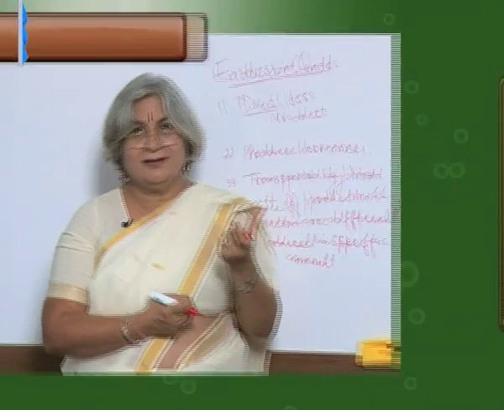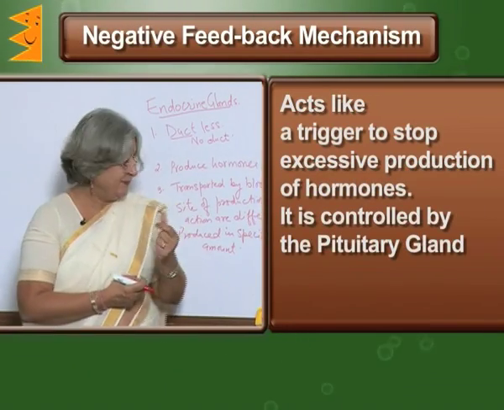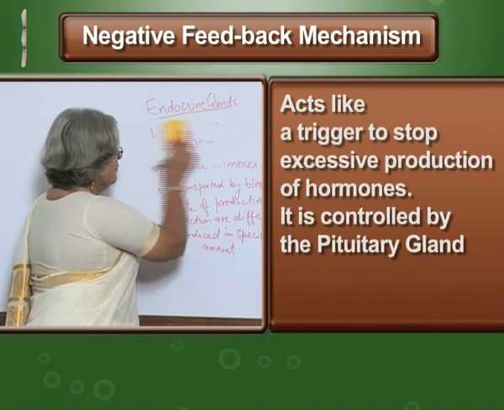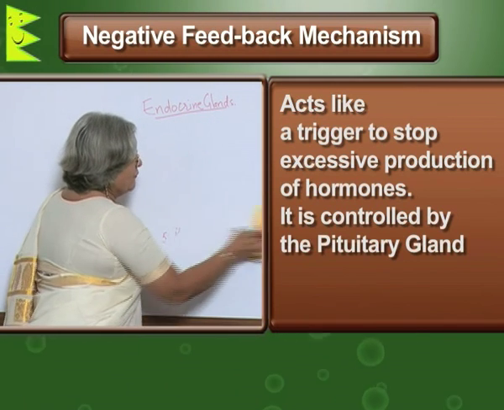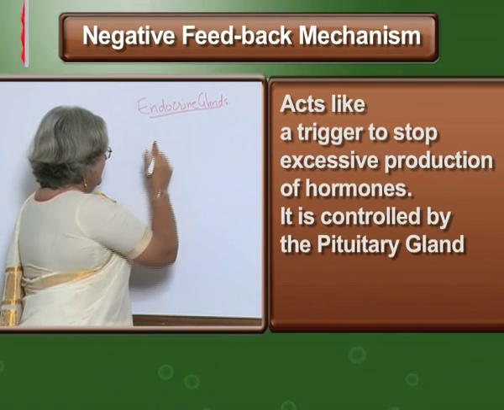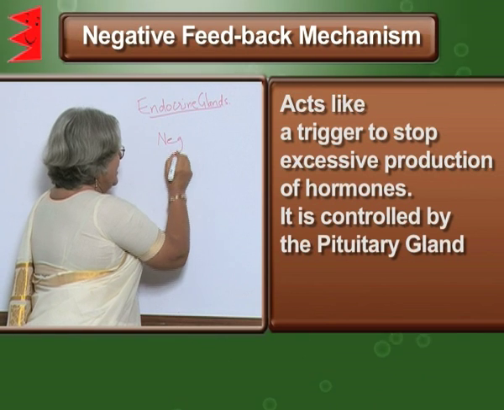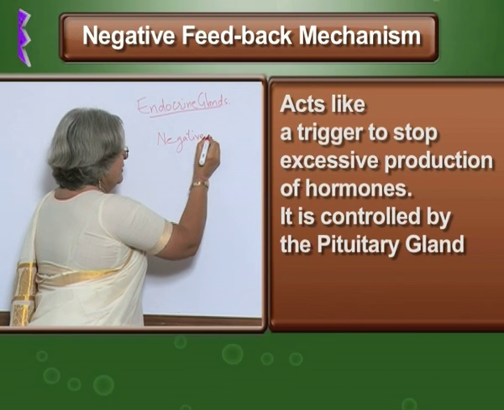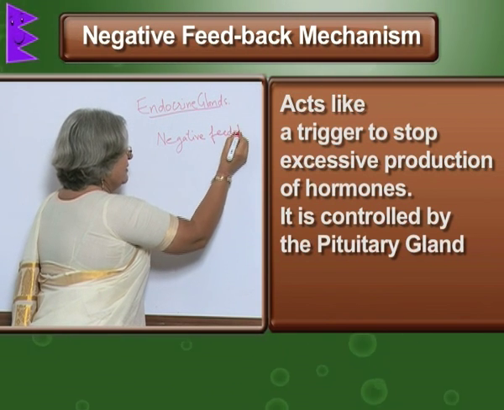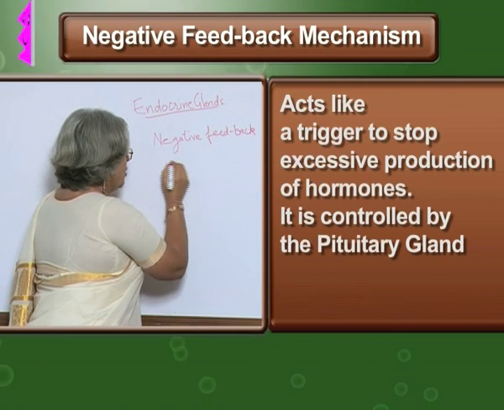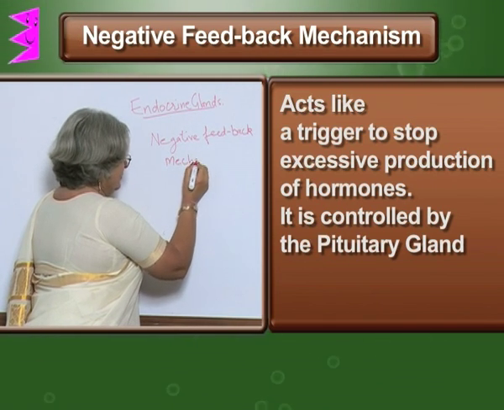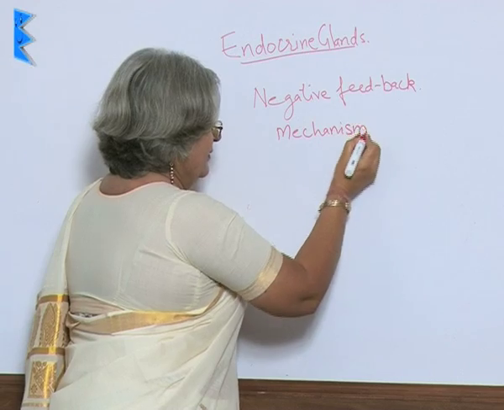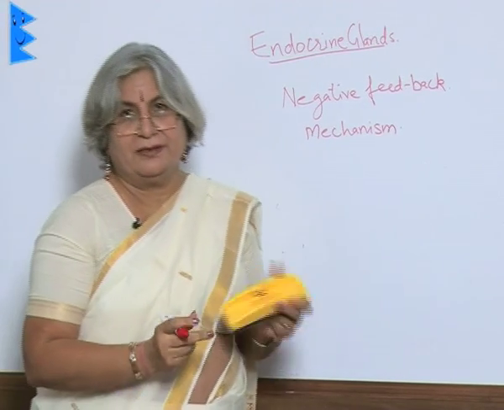That is called negative feedback, which means the moment there is excess of a hormone produced, then there is a trigger which says that this has to be stopped, and that is controlled by the pituitary gland.